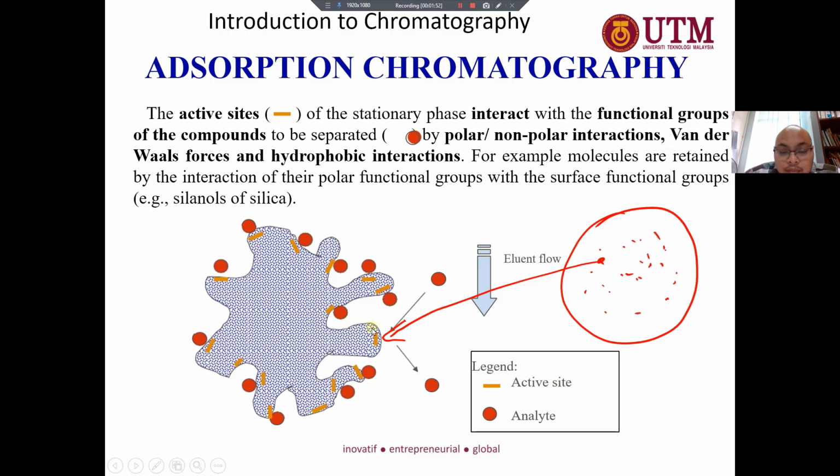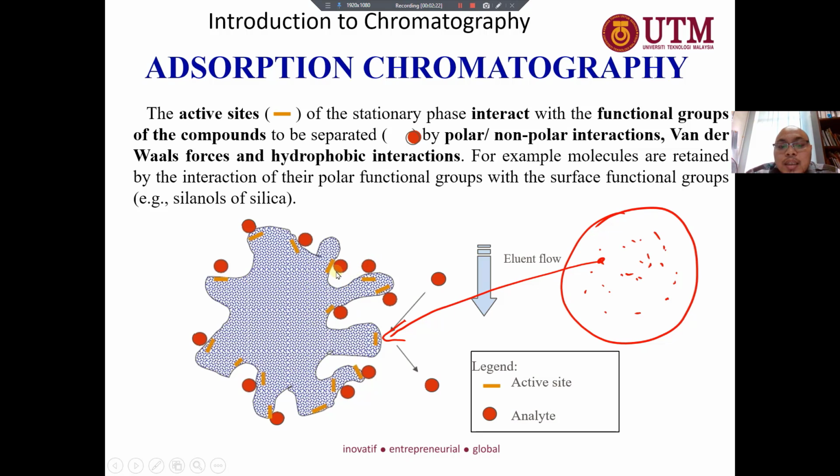So on the surface of the particle, they have the active sites, or maybe they attach a ligand over there to make the active site. If we look over here, the analyte or the solute will interact with the active site of the solid particle, or we can call it the stationary phase.